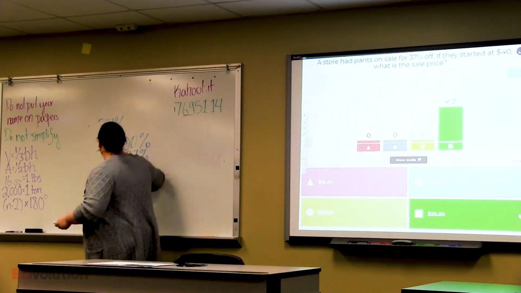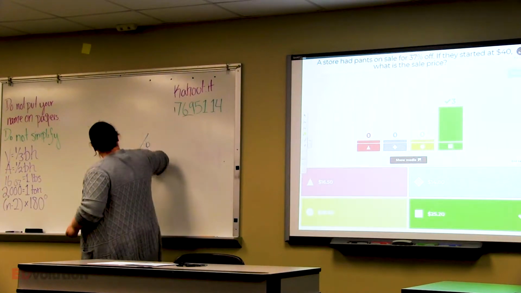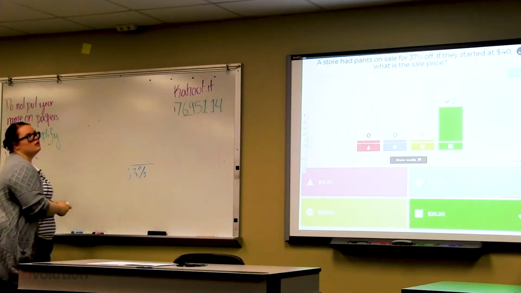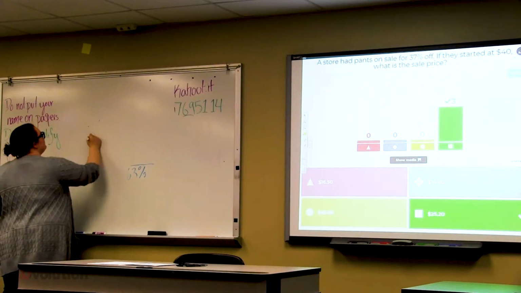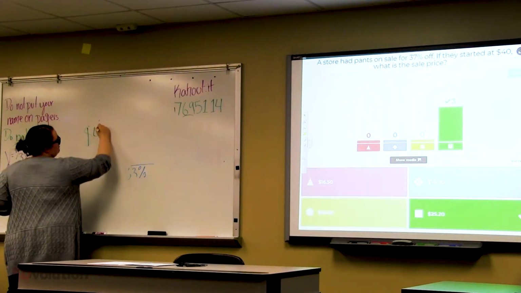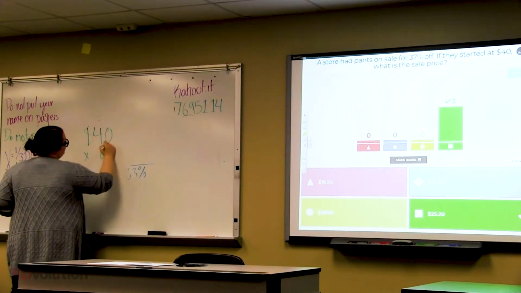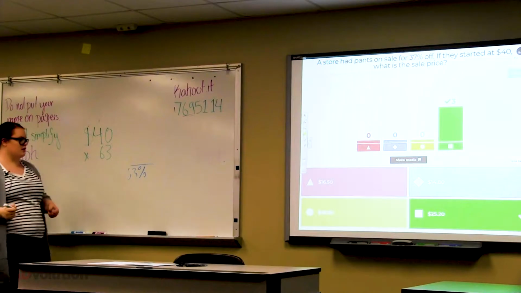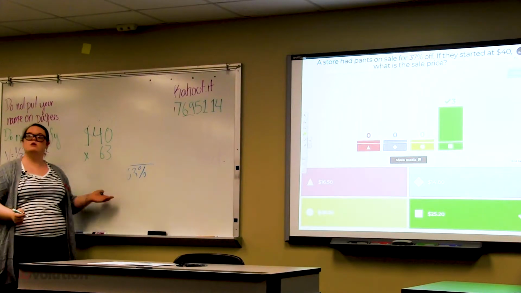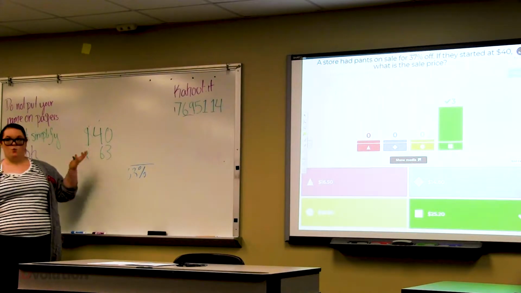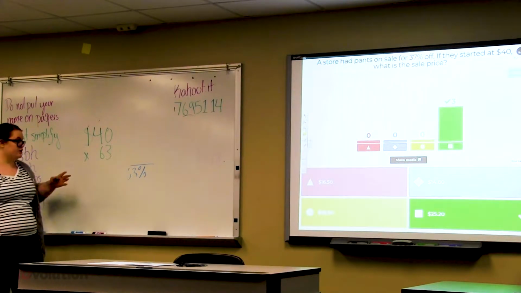So after we figured that out, we can just multiply the original price of the pants, which was $40, by 0.63, because whenever we turn percents into a decimal, we know that they're out of 1 instead of out of 100.